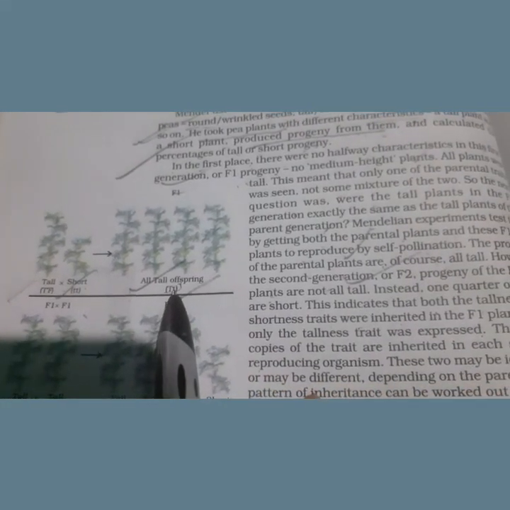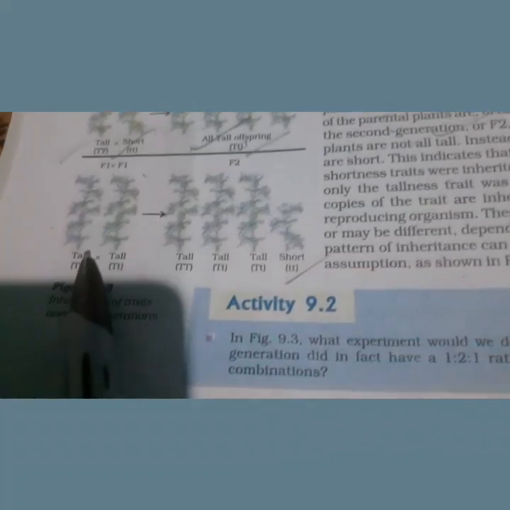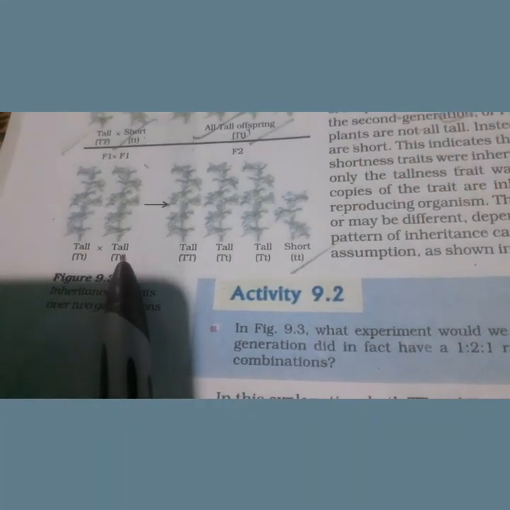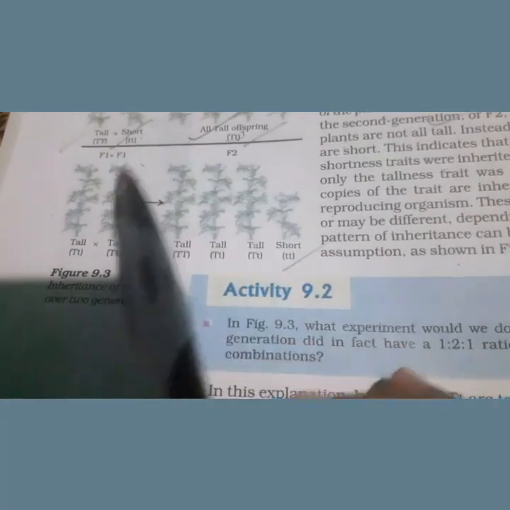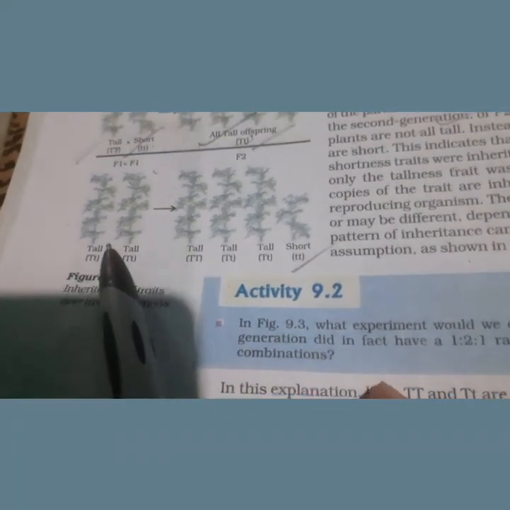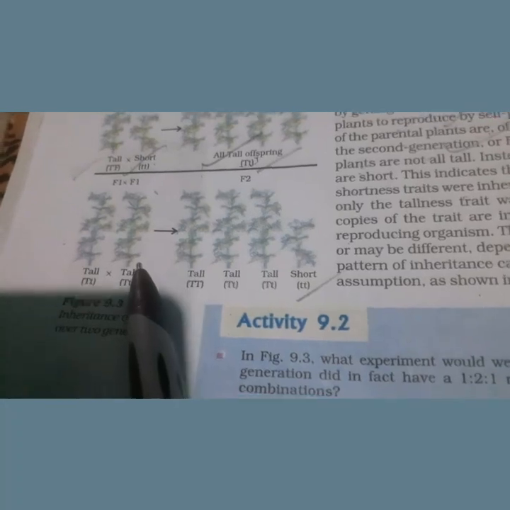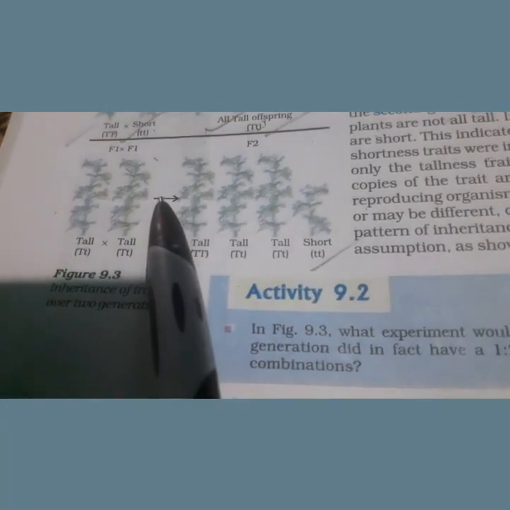That means the alleles from both the plants are inherited in the F1 generation, and again when these plants are self-pollinated, that is Tt and Tt, when these two plants are crossed or self-pollinated, then what happens?